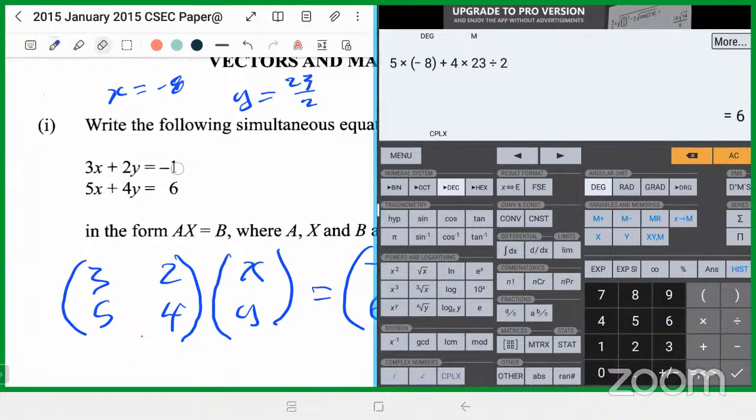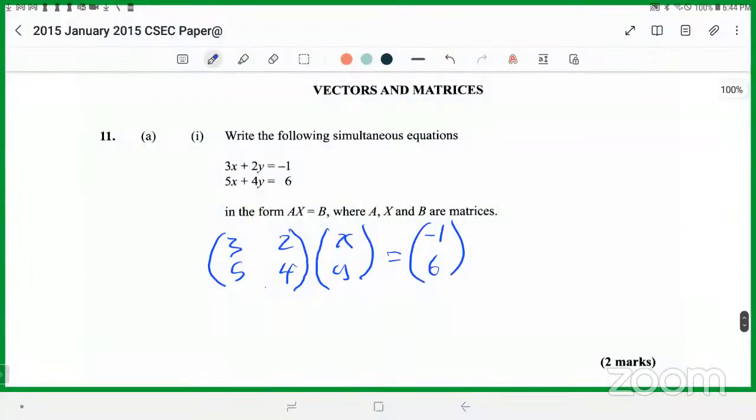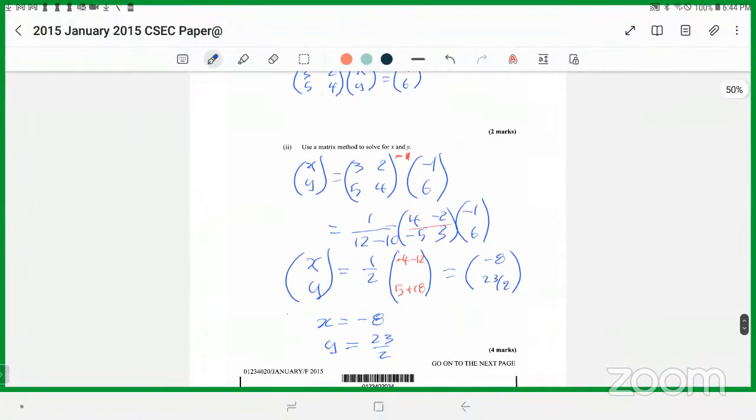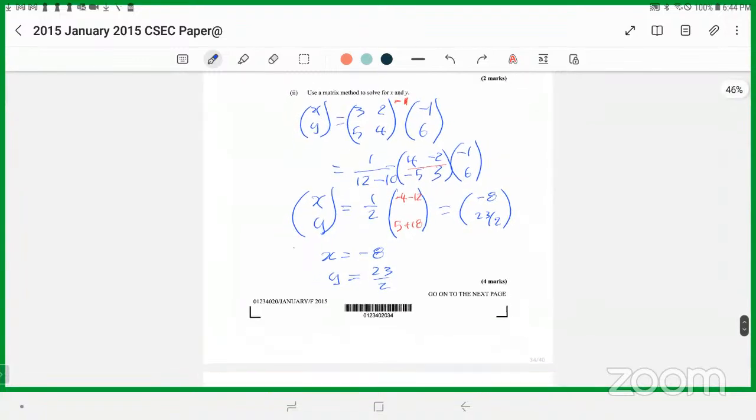Yes, so those answers are correct: -8 and 23 over 2. Didn't like them, but those are the correct answers right here. Just tested them. That's correct. Everybody good with that? Yes, sir. All right, good.